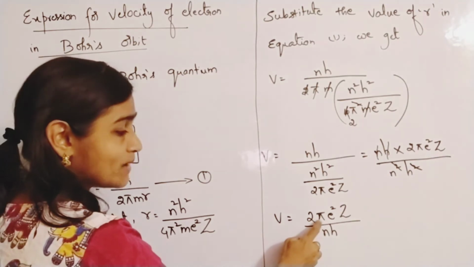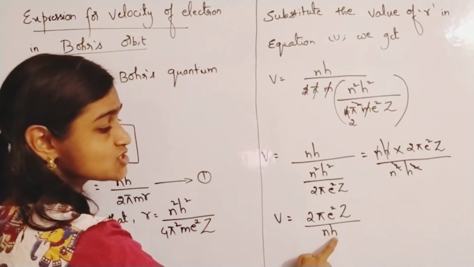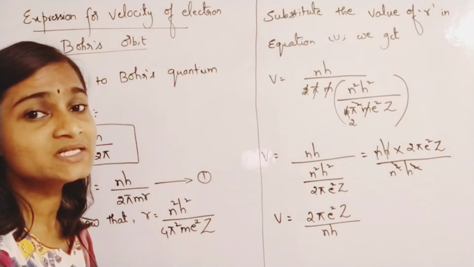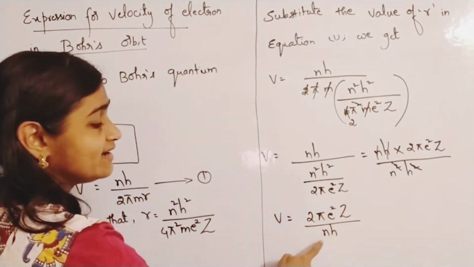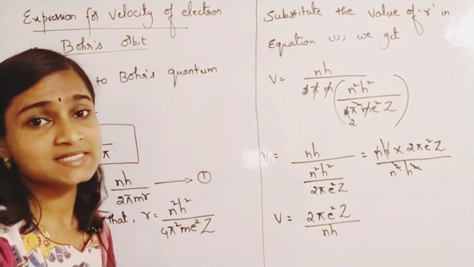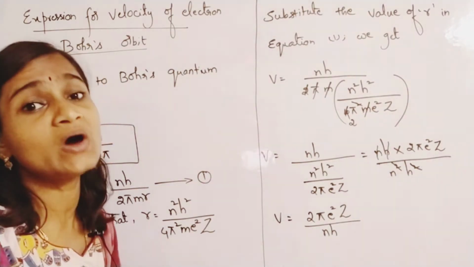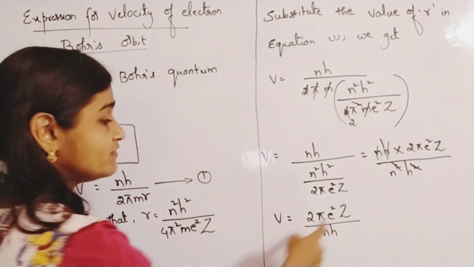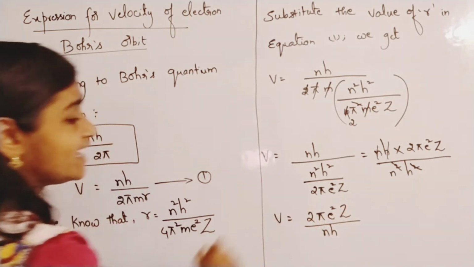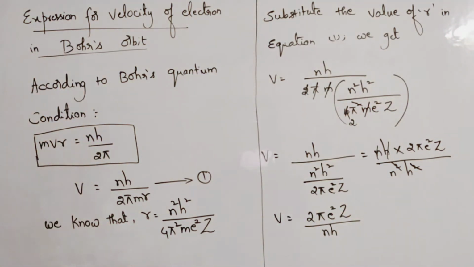So pi, e and h are fixed. The only variables are Z and n. Z means atomic number and n means orbit number.